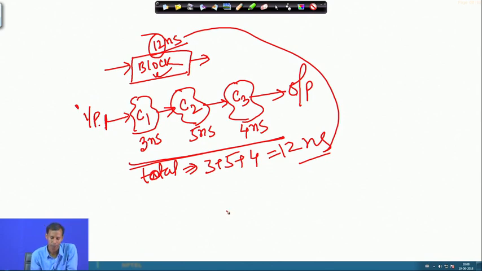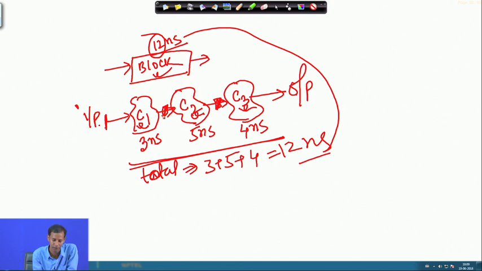Now, what I said is that in the pipelining technique we will try to put registers in between these blocks. Here there is a data dependency, because C2 is processing the data from C1, and C3 is processing the data from C2. If I put a register in this path and this path, then each block will work as an individual.